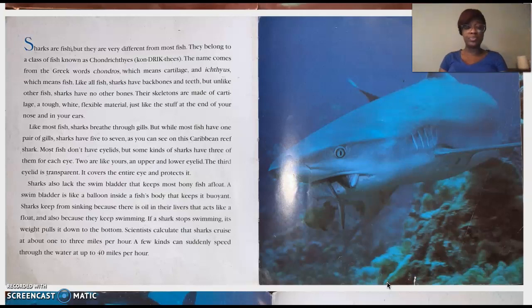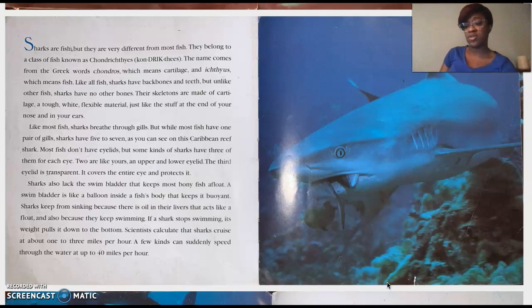Wow. Like all fish, sharks have backbones and teeth. But unlike other fish, sharks have no other bones. Their skeletons are made of cartilage, a tough, white, flexible material, just like the stuff at the end of your nose and your ears.